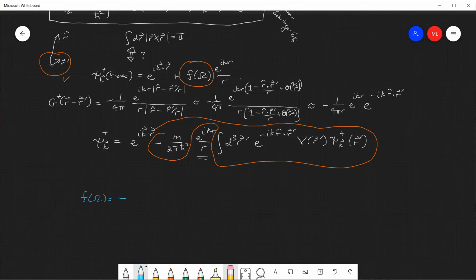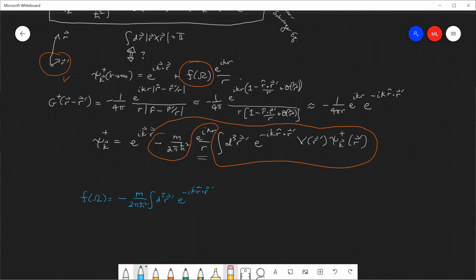So it's minus m over 2 pi h bar squared. We've got the, so yeah, this is a funny vector. k times r hat is the direction you're looking at, and the magnitude of it is the magnitude of the incoming wave vector.